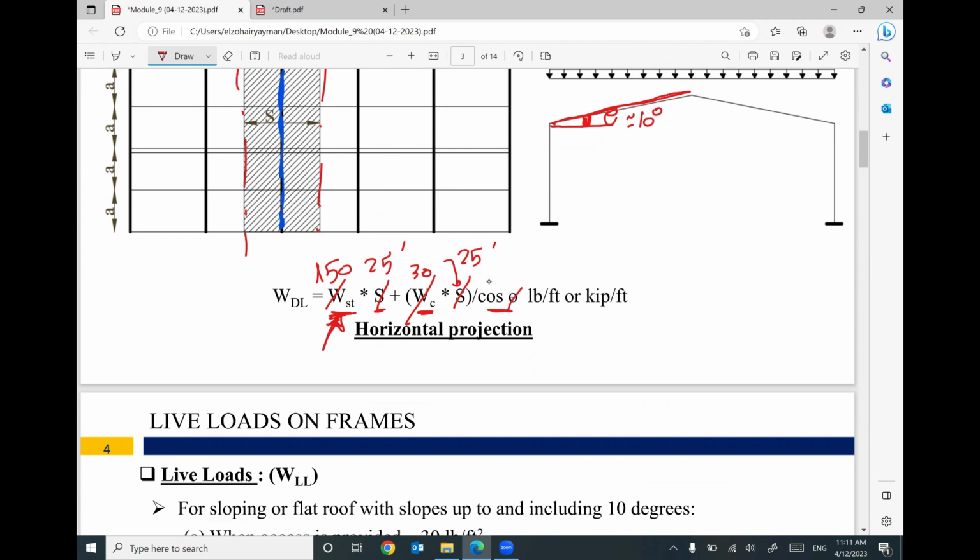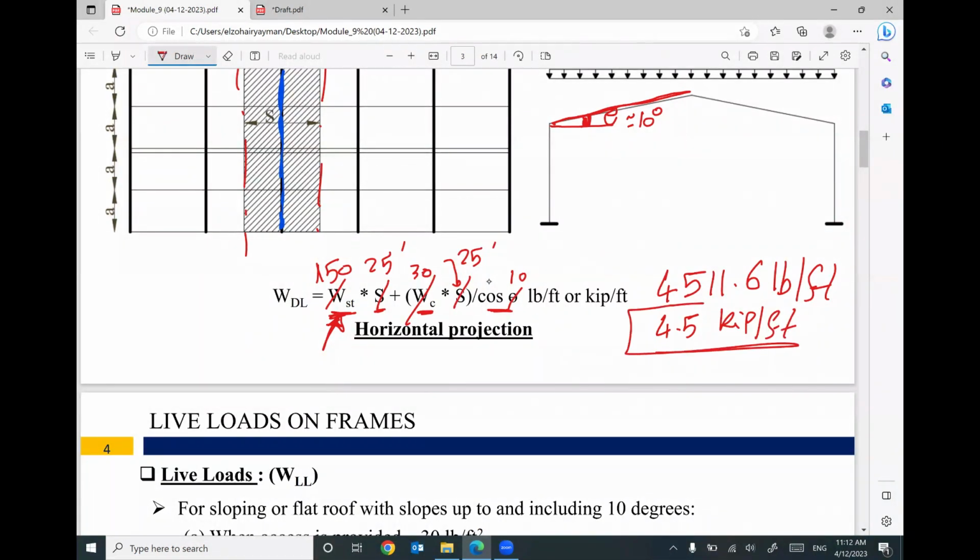So I will divide by cosine 10 degrees. Then you can figure out the dead load W: 150 times 25 plus 30 times 25 divided by cosine 10. I got 4,511.6 pounds per foot. I can divide it by 1,000 to be 4.5 kips per foot.